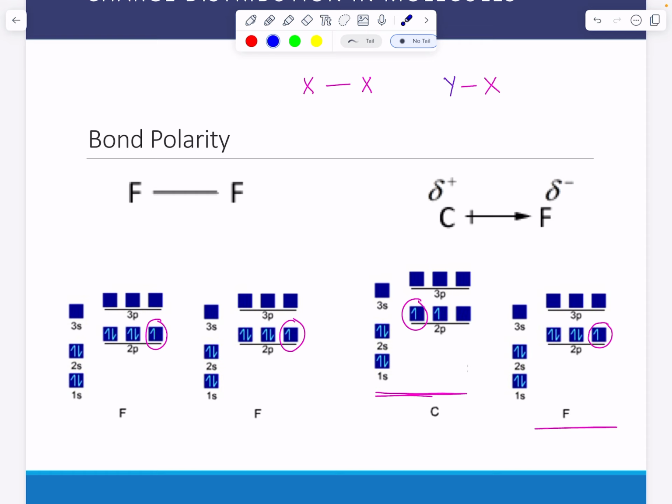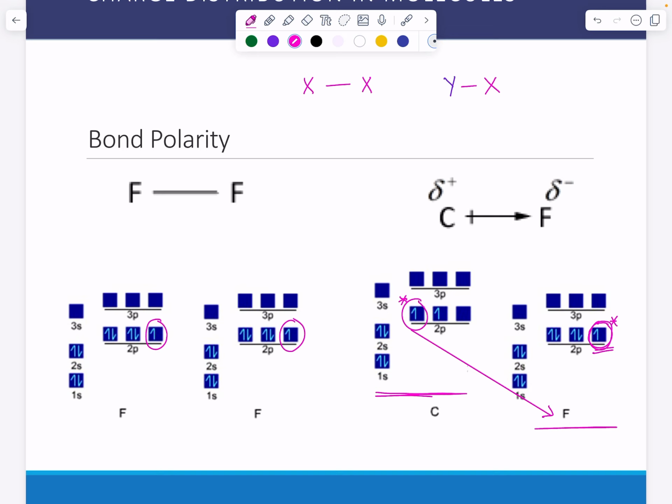So what happens in this case is, let's say these are the electrons that are being shared in the bond. These electrons are going to be more attracted to the fluorine nucleus because they can get to a lower energy place if they are shared and they share this orbital with this lower energy.